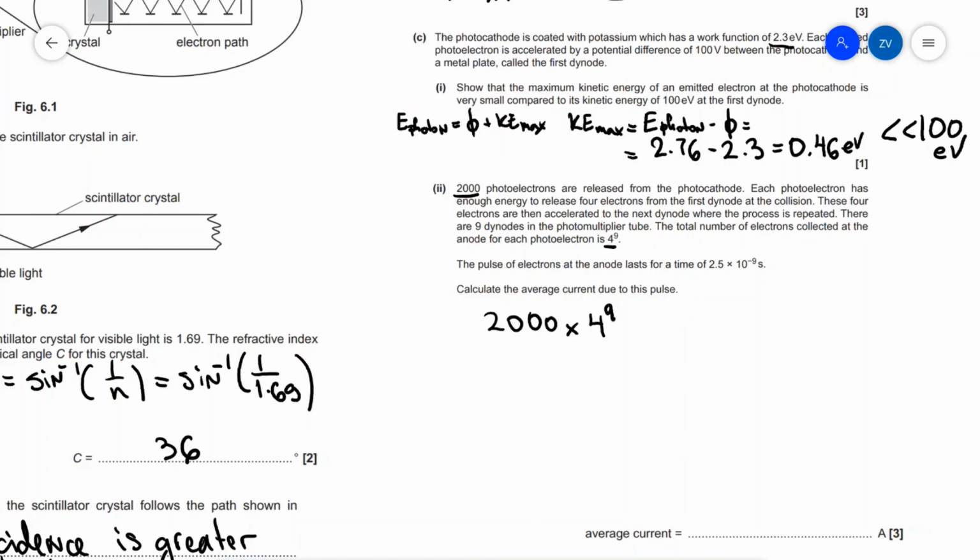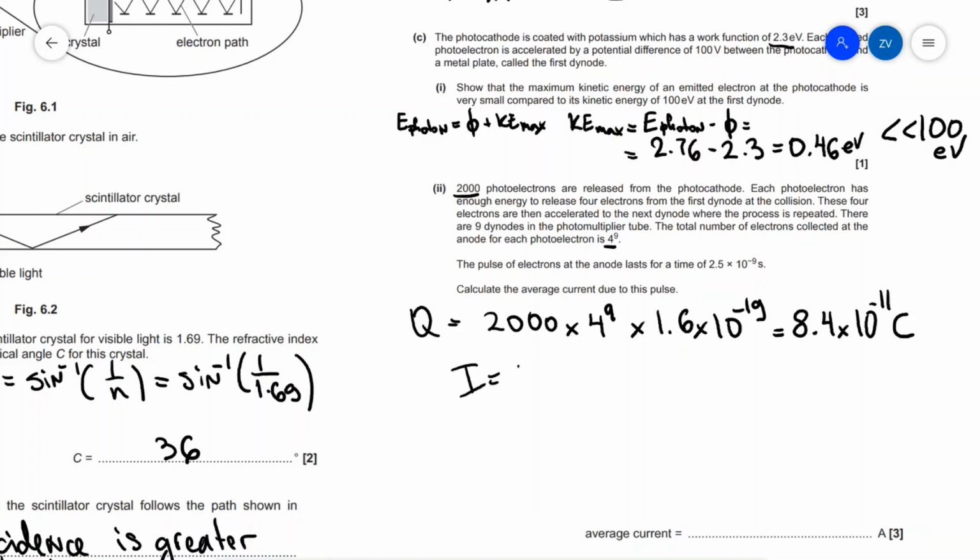Now these will be the total amount of electrons, and our total charge will be the number of electrons times the elementary charge, which is 1.6 times 10 to the power of minus 19. And if we multiply those out, we are going to get 8.4 times 10 to the power of minus 11 coulombs.